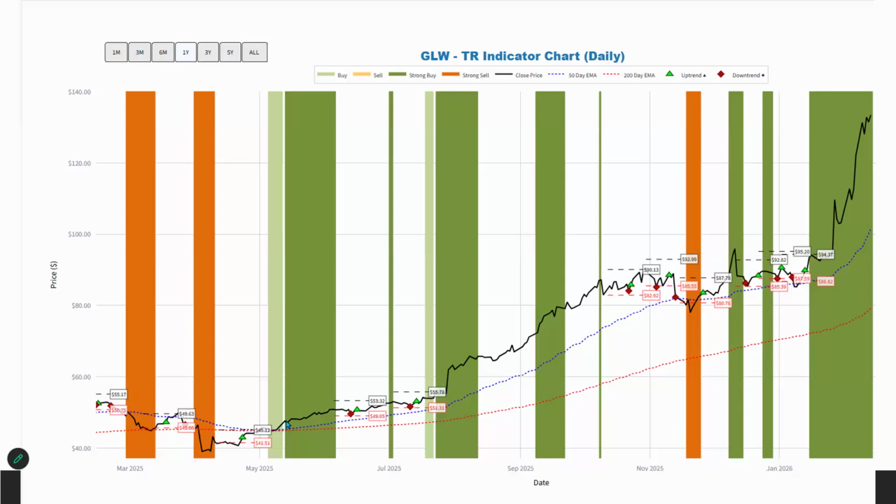And it should be as close as possible to these two lines, which are mean averages. For the daily indicators, they are the 50-day and 200-day averages.